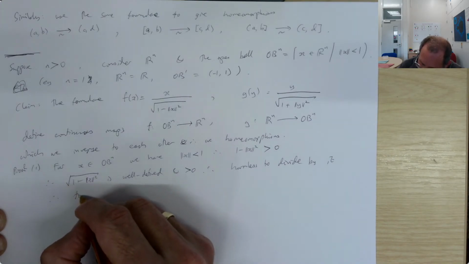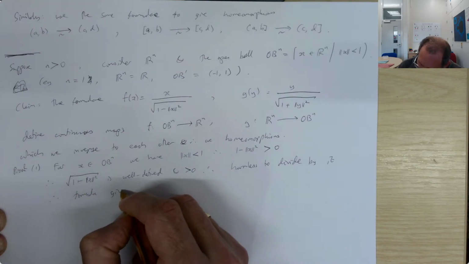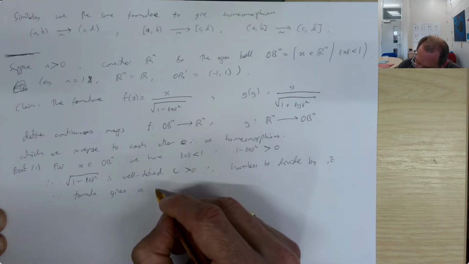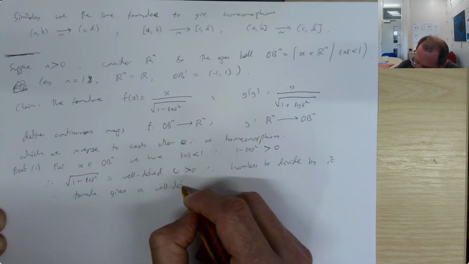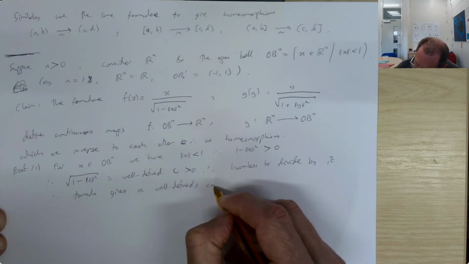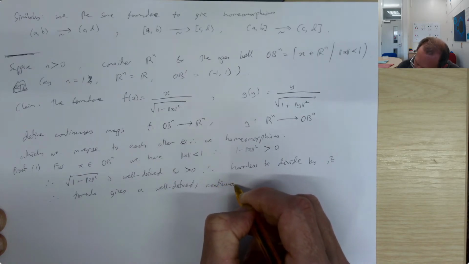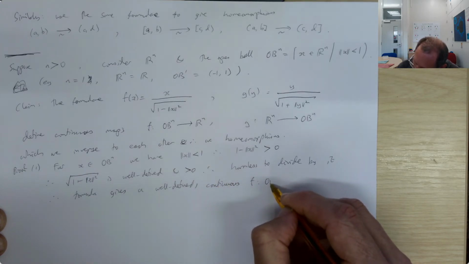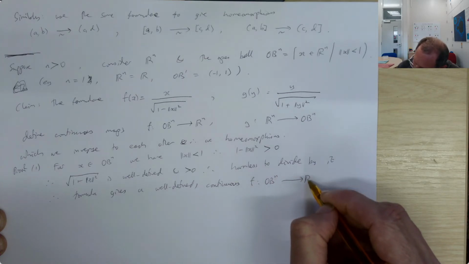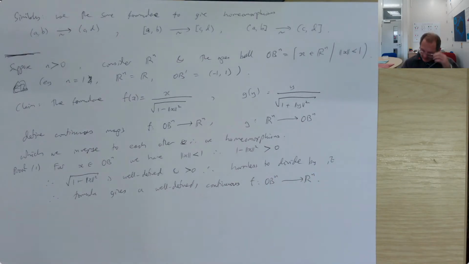Therefore the formula gives a well-defined continuous f from OBN to Rn. Okay? So that's this f.